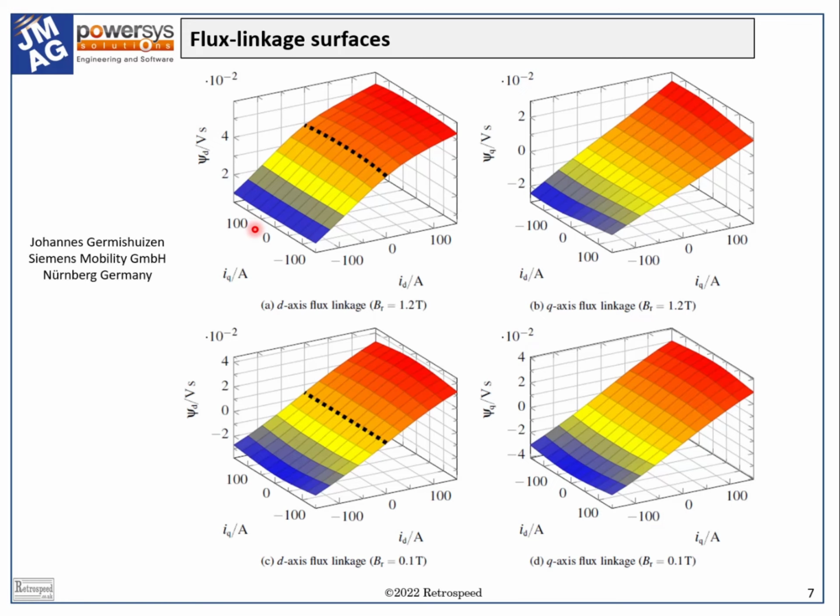What we have here are surfaces of flux linkage calculated by the finite element method in the D and Q axes of a surface magnet motor as a function of the currents in the two axes, ID and IQ. This calculation was prepared for the EPE paper by Dr. Johannes Hermitshuisen of Siemens in Nuremberg, Germany.